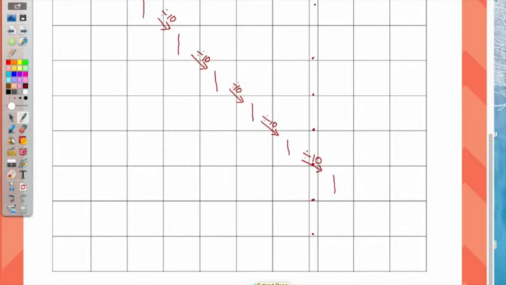Okay. 1/10 divided by 10 is 1/100. Now say it with me. 1/100. Okay. And 1/100 divided by 10 equals 1/1,000. Okay. So guess what place value we're going to work from? Millions to what?